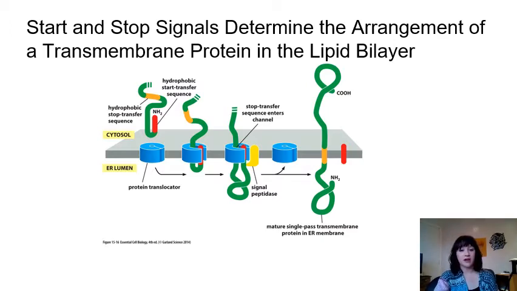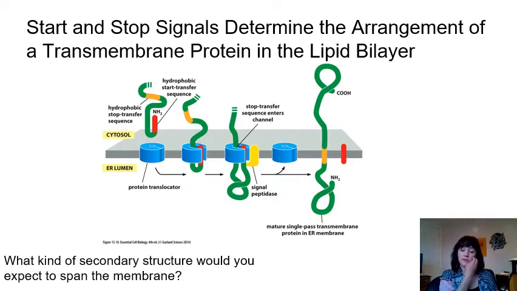So if you see a hydrophobic region, a stop transfer sequence, you know that this protein is going to be inserted into the phospholipid bilayer. Let's think back about secondary structures. When we talked about proteins in chapter 4, what type of structure would you expect to span the membrane? We talked about alpha helices and beta pleated sheets and some of their potential functions.